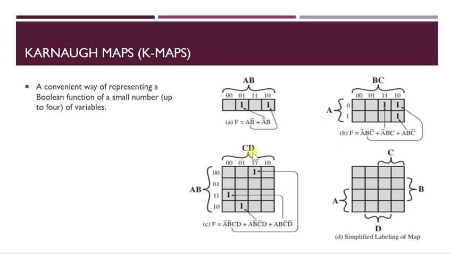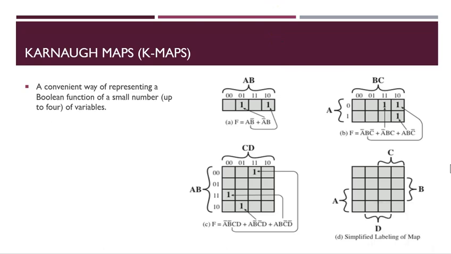For the 4 variables, the position of the bits is basically the same as AB. We start with 0 0, 0 1, 1 1, 1 0 for the column part, and for the row part it is the same: 0 0, 0 1, 1 1 and 1 0.